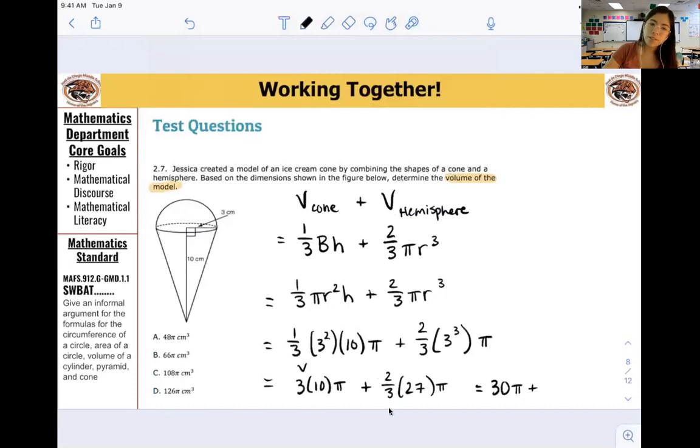And it might be easier to divide first. So what do I get for 27 times 2/3? 18. 30 plus 18, I get 48 pi. Answer choice A.